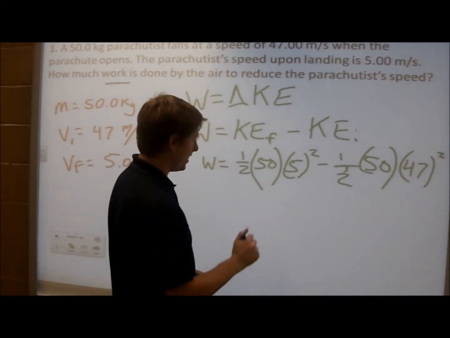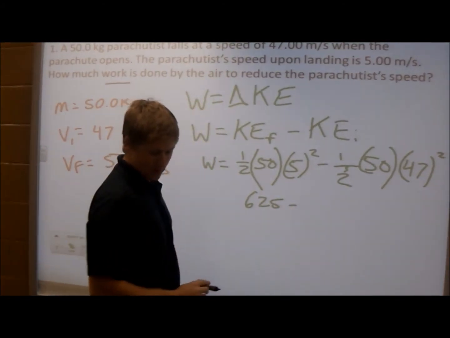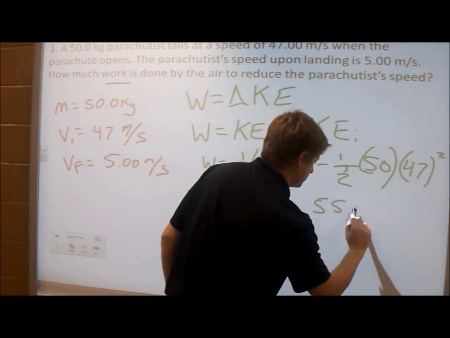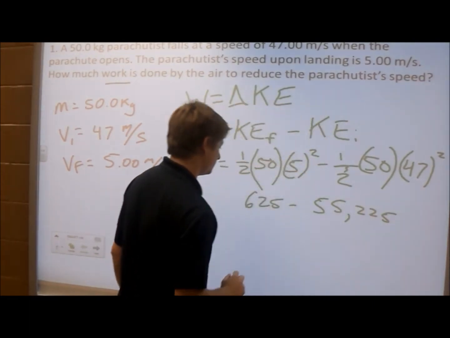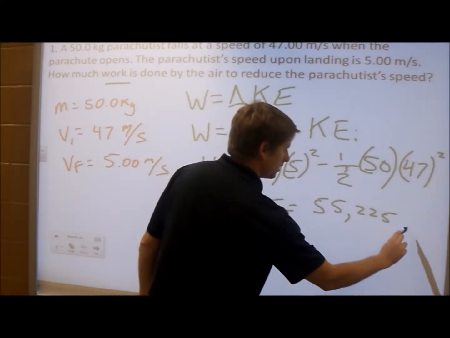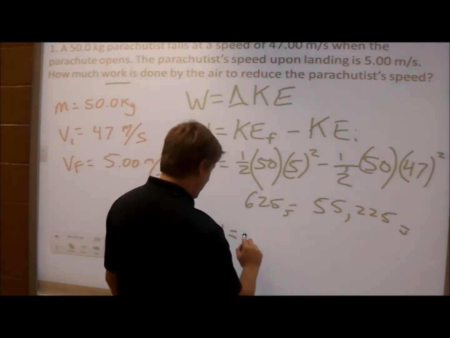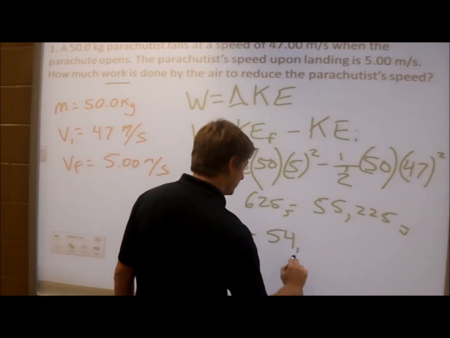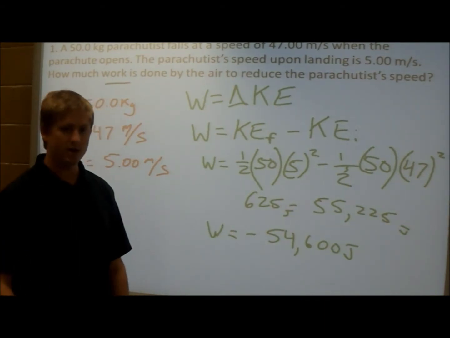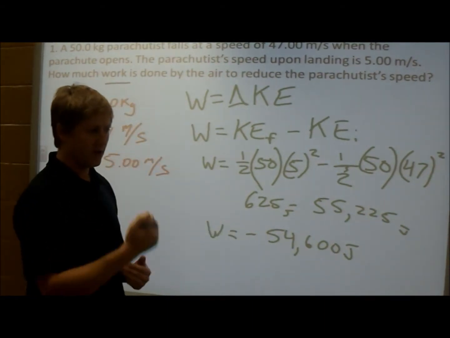That's 625 minus 55,225. Those are both in kinetic energy, so they are in joules. And our work is equal to negative 54,600 joules. Negative. What does that negative mean? The negative means that he is slowing down, or the work is in the opposite direction as he's moving.